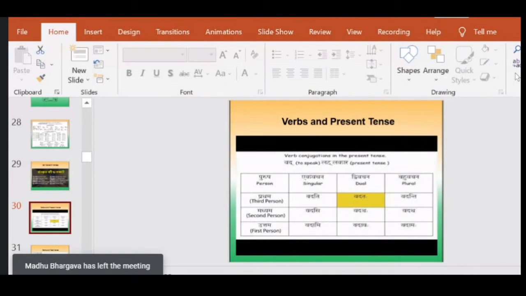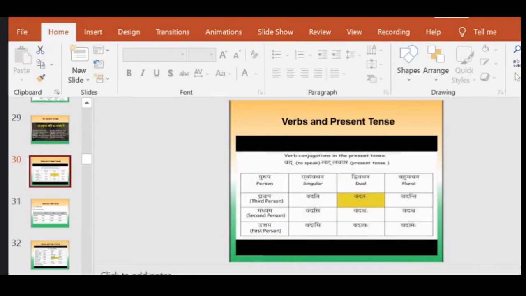So these are the nine formats of the word vad, that is called a root verb in Sanskrit. There are nine formats in one single tense. And if you put 10 tenses, that makes 90 different versions of the same word vad. So vad will have 90 different variations.